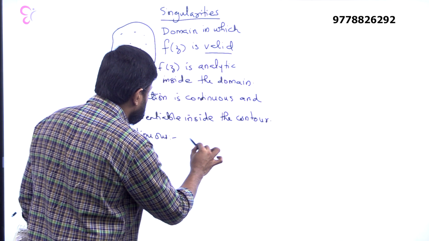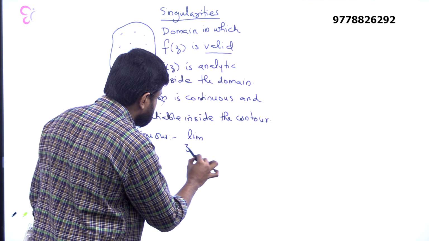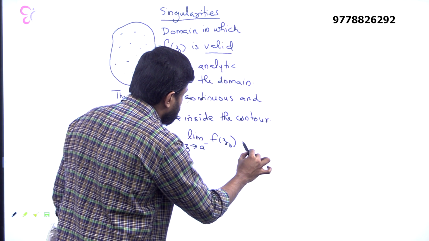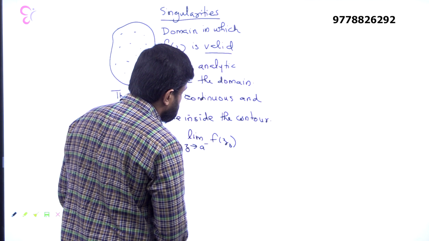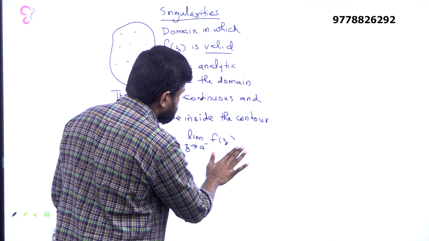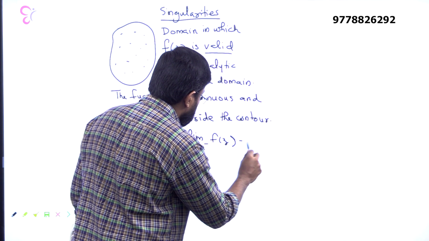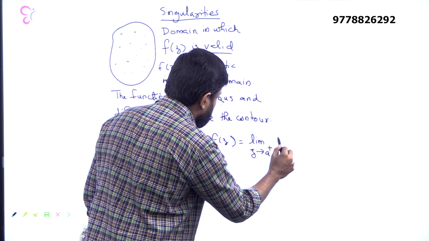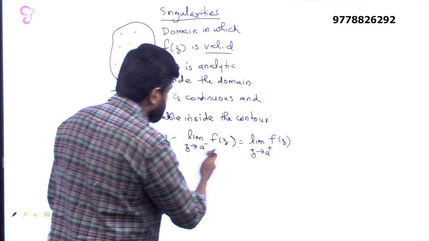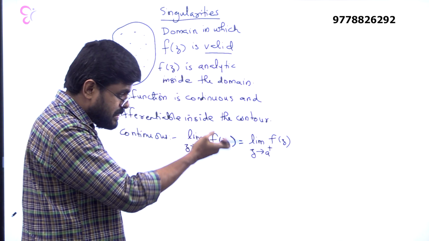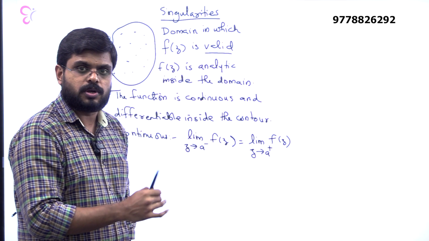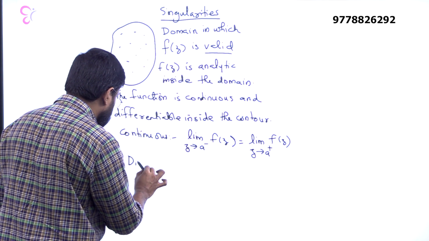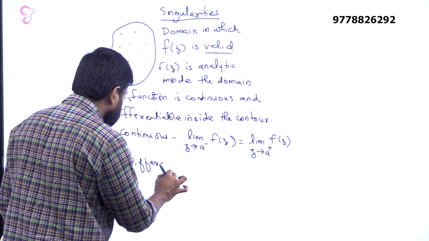That means the limit as z tends to a from the left of f of z will be equal to f of a, which will be equal to the limit as z tends to a from the right of f of z. So, the function is continuous towards the left and towards the right of that particular point. That is the continuity. And differentiability, the function is differentiable.